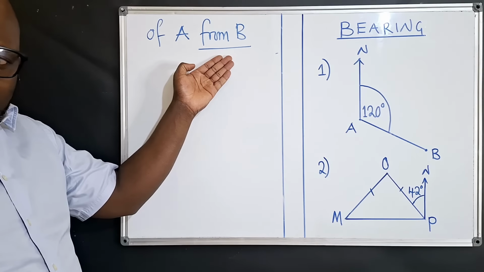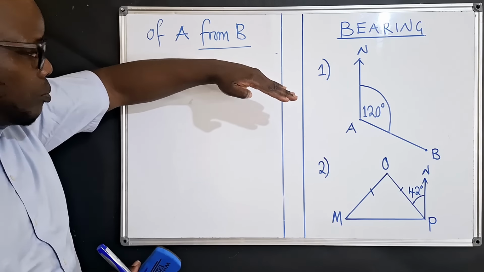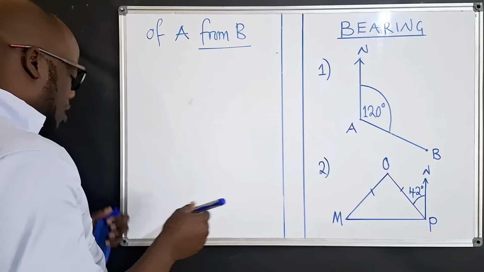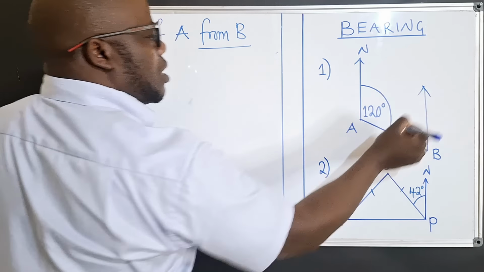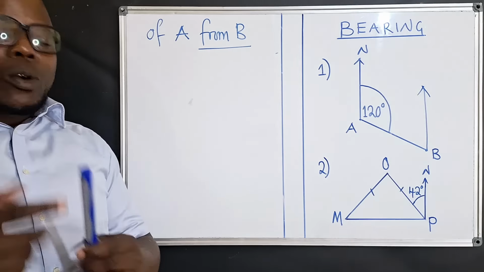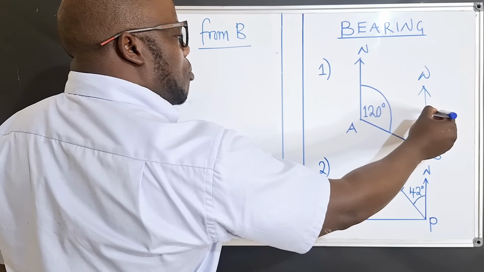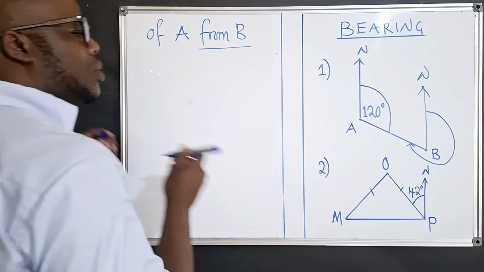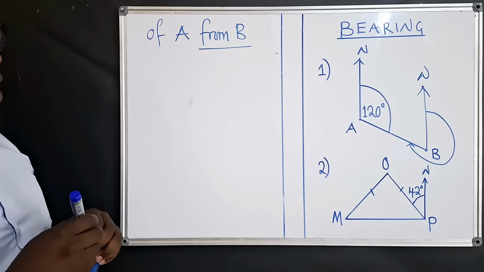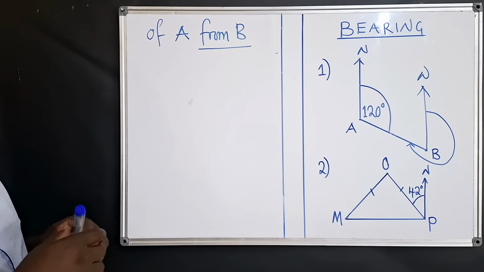From B. So go to point B, do your north. This is what I said. So you always go to where they're saying from. Do your north, and then from here you start moving, like I said, up until you touch that line. Can you see that? Yes. You can see, right? Yes, we can see.